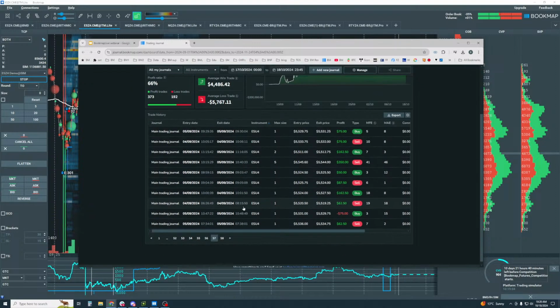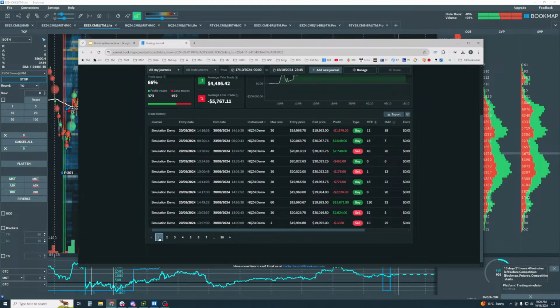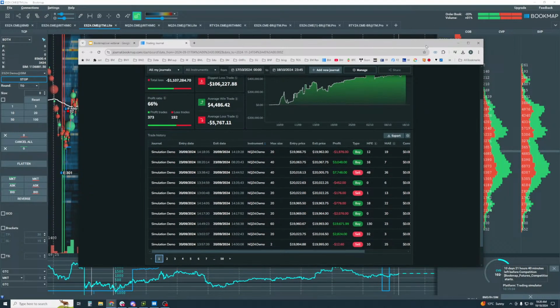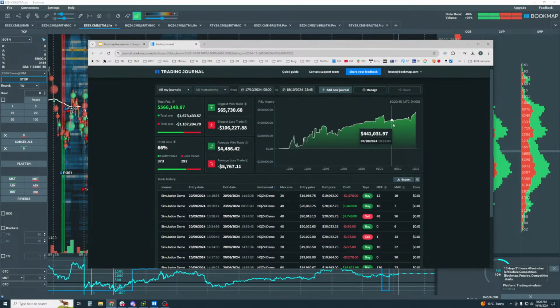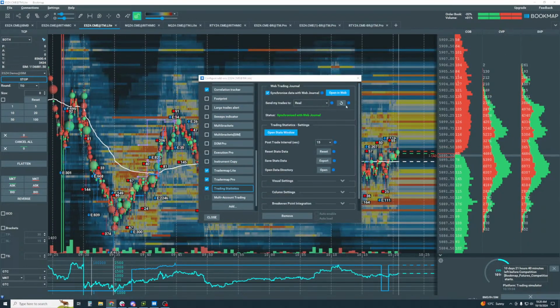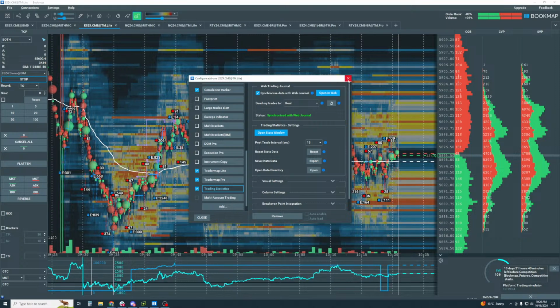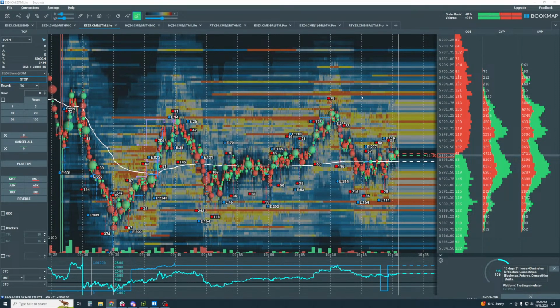Well, I don't know where they are exactly. They should be here, but I don't see them. Anyway, this is where you can track your trading activity in the trading journal. I would highly recommend that you do that so that you can check out your performance before the competition, and trade some size.